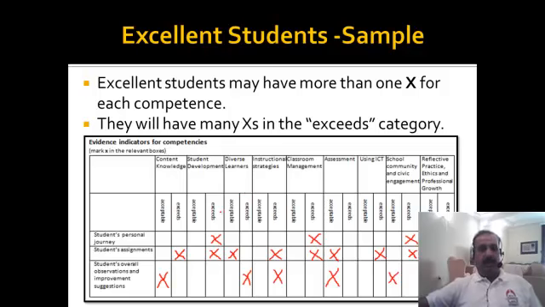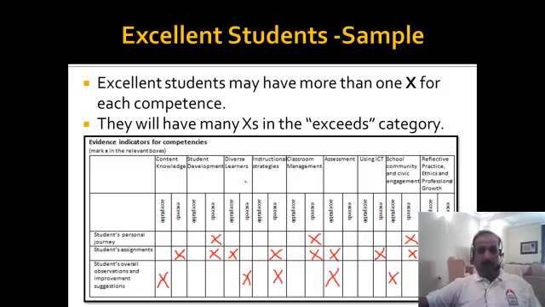And by the end, you will see lots of X's in fact in the exceeds category. Look here carefully for these students, for example. For competency number one, I see one X for the exceeds category and one for the acceptable category for the first competency. If we move to the second competency, student development, I see two X's in fact, two X's under the exceeds category for both student assignments and students' personal journey.